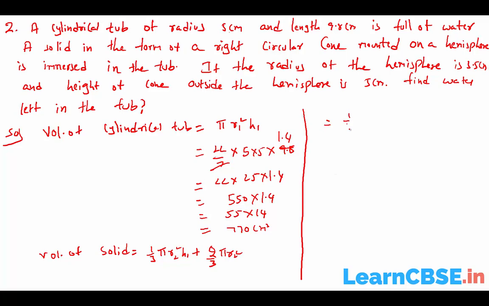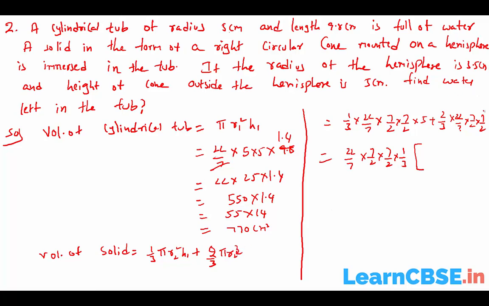That equals 1/3 into 22/7 into 7/2 whole square, h1 means 5, plus 2/3 into 22/7 into 7/2 into 7/2 into 7/2. If I take 22/7, 7/2, 7/2 and 1/3 common, then you're left with 5 plus 2 into 7/2.